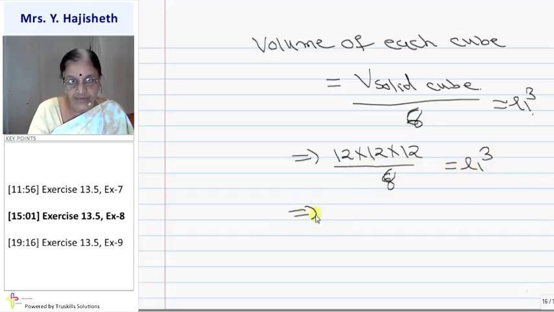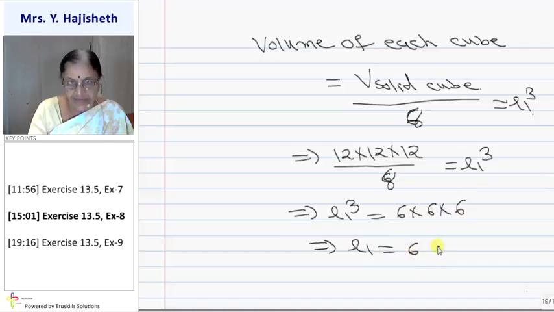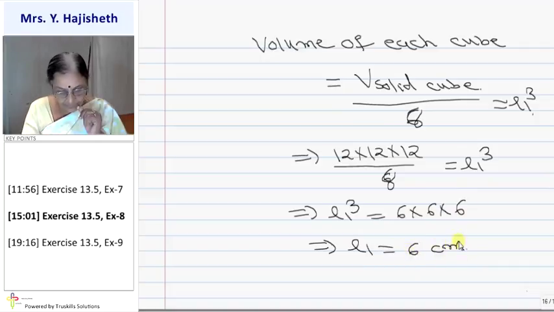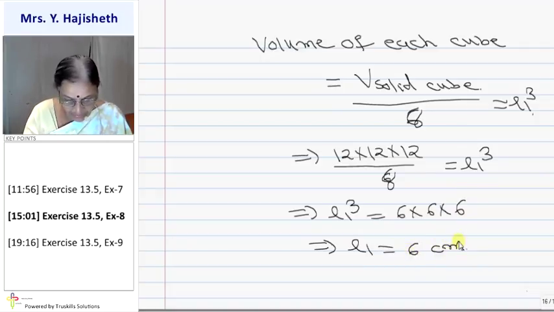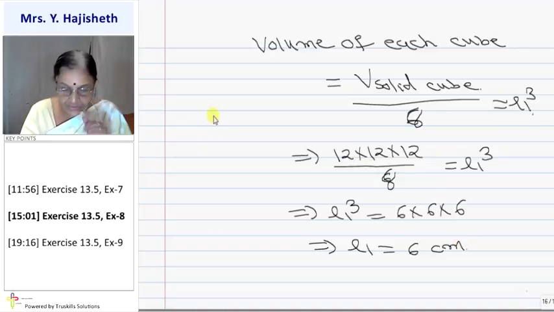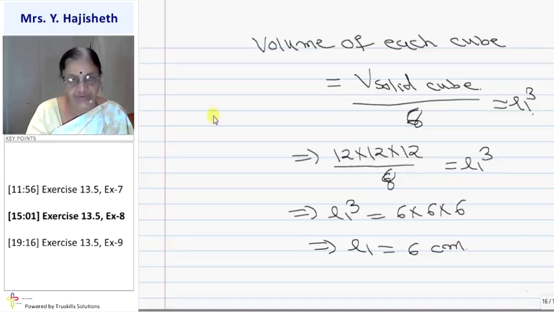So I am going to get L1 cube is 6 into 6 into 6. So my L1 is 6 centimeter. You are asked to find out, yes, वो तो हो गया, बराबर? A solid cube is cut into 8 cubes of equal volume. What will be the side of new cube? Side of new cube is 6 centimeter. Now you are asked to find out ratio between their surface area.